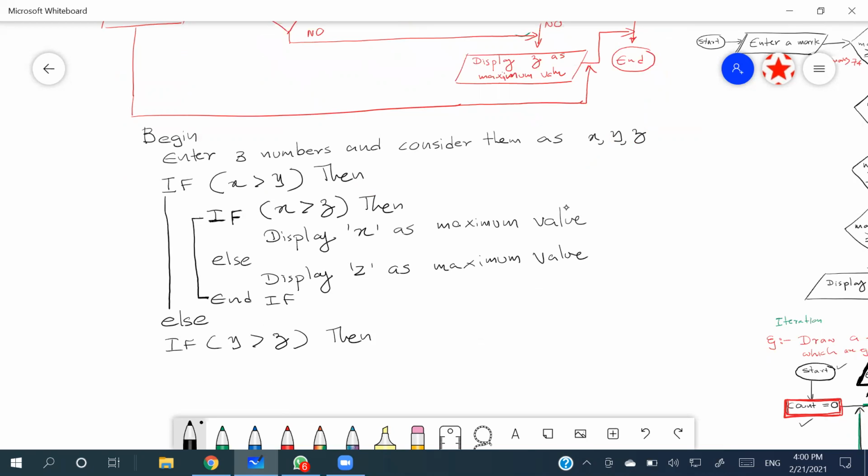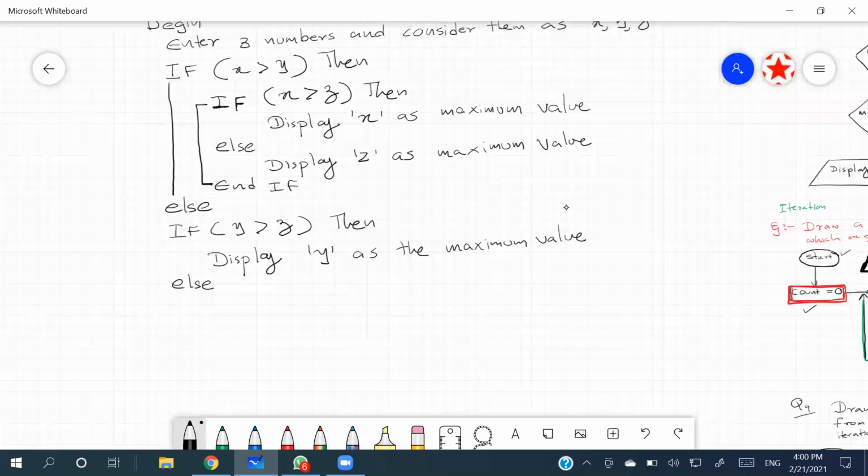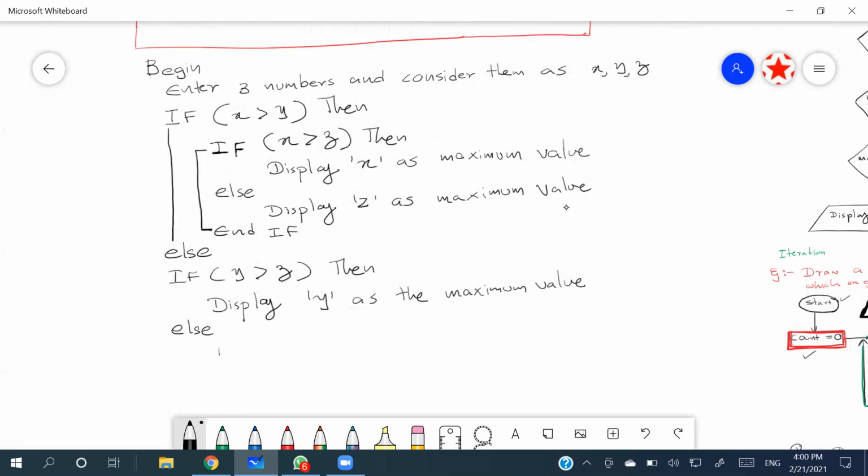Then it says display y as the maximum value, and it has an else, that is the else of else if, and we display z as the maximum value.